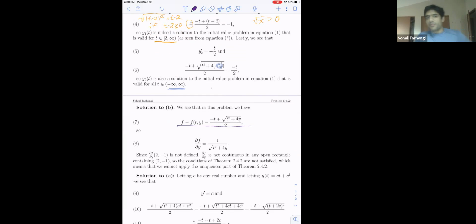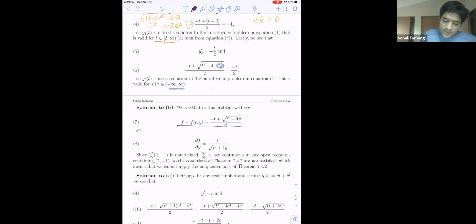So the function f is certainly a continuous function of t and y, or at the very least, if I look at the point 2 comma negative 1, which is where our initial value was, then the function is defined and it's continuous in some areas around 2 comma negative 1.